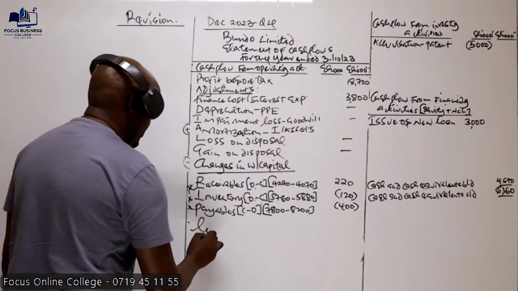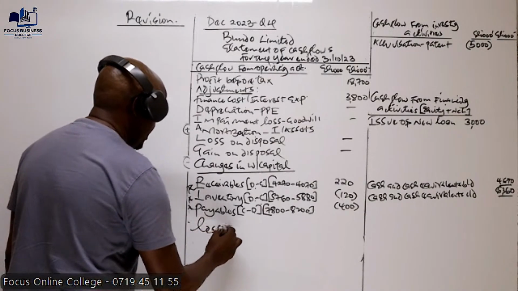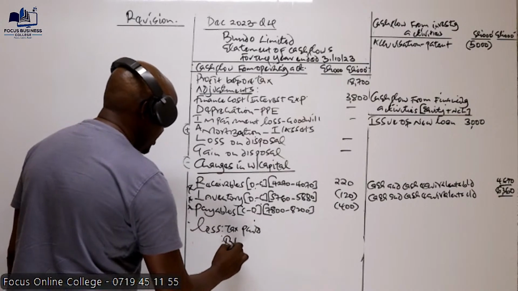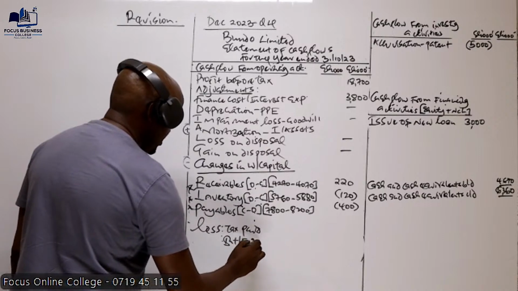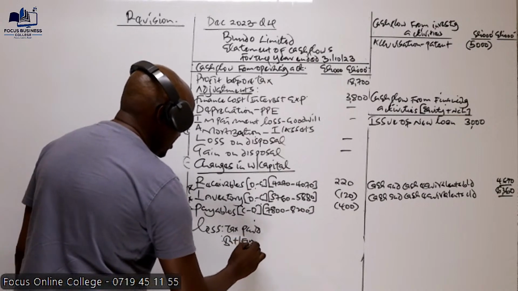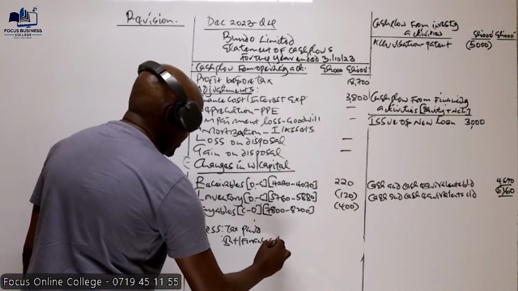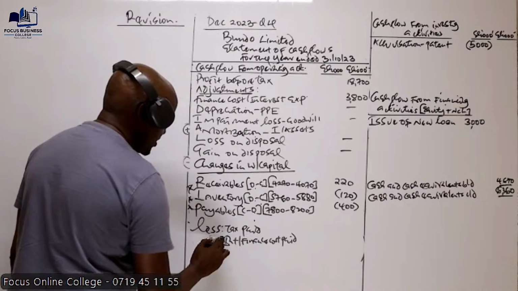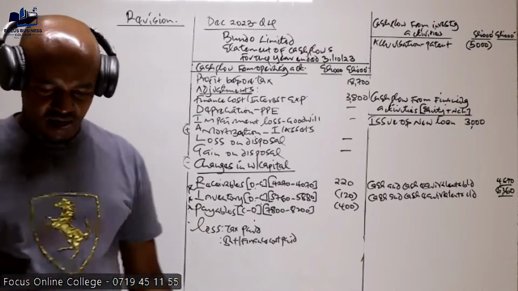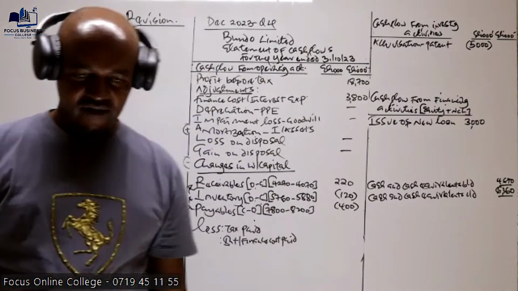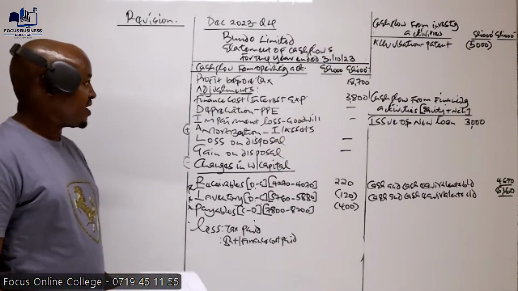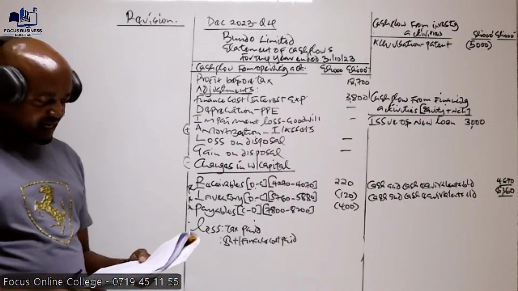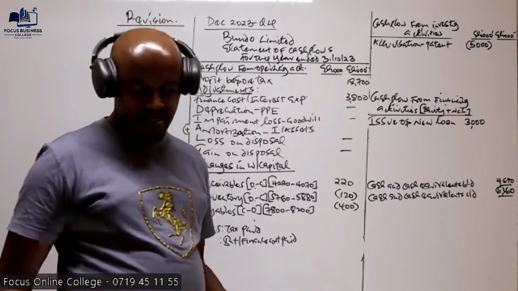Then down here, we deduct the tax which was paid, and we also deduct the interest or the finance cost which was paid. Let's start with the interest or finance cost which was paid. Remember, in this case we consider two items. The finance cost from the income statement is one. And then we go back to our balance sheet, specifically under the current liabilities, and check whether there is interest payable.